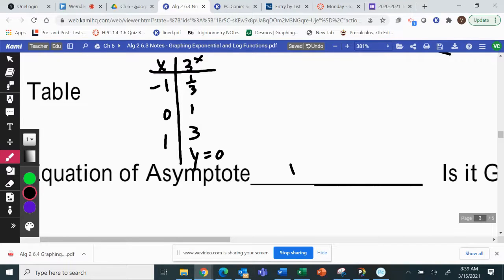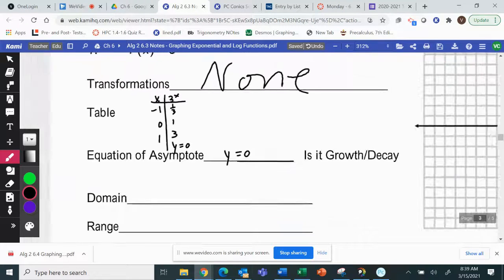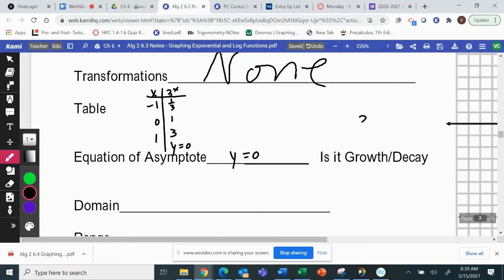So the equation of the asymptote is y equals 0. Is it growth or decay? That's from last section too. Jackson, do you remember? Growth. This number 3 is greater than 1, so it is growth.